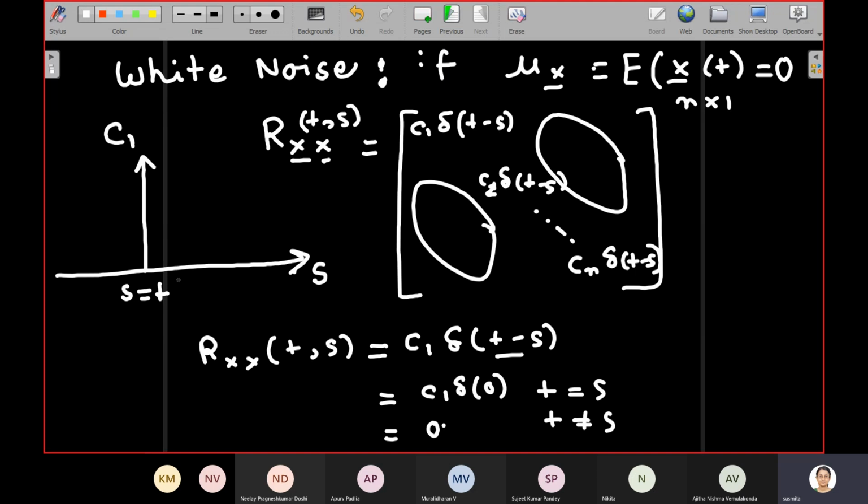Okay, so we'll continue with this tomorrow. We'll see how the corresponding PSD looks, and from there we'll derive some conclusions. After that, we are going to define C over N naught.